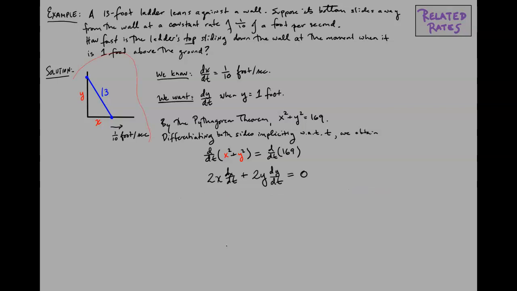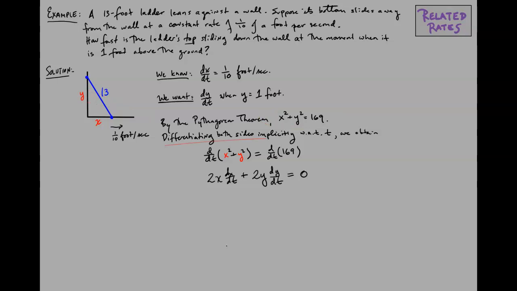We had our picture of the general situation right here, with its two variables, x and y, both of which implicitly are functions of time. They both change as time passes. And we found a relationship between x and y, with no mention of time. This holds at all moments, no matter what situation the ladder is in.